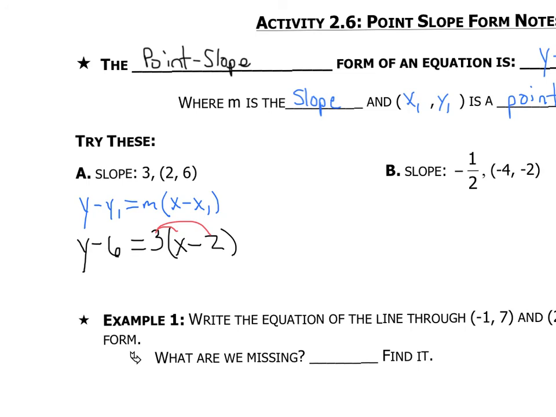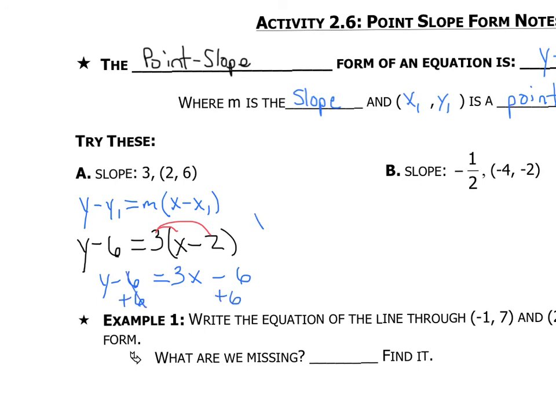Okay, and then you get, let's see here, change colors, y minus 6 equals 3x minus 6, and then just simply add the 6 over.